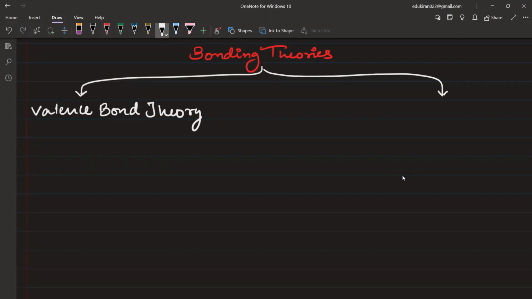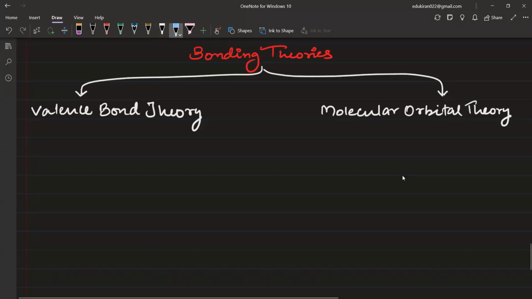And the other one is known as molecular orbital theory. We can abbreviate this as VBT, and we can abbreviate this as MOT. Okay.